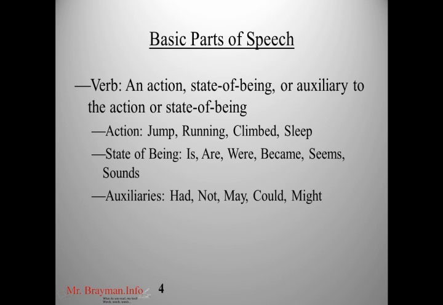Is the verb there, right? Or if I say became, right? I became sleepy. That's a change in state of being. It's a state of being verb. Also, we have auxiliary verbs, words like had, or not, or may, or could, right? I say, I could go to the store if it weren't raining. Right? Could is an auxiliary verb, and it's an auxiliary to the verb go.